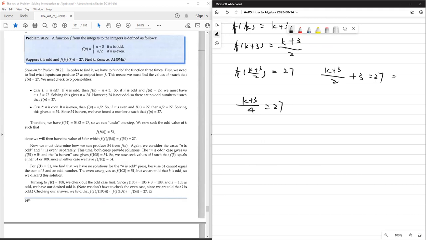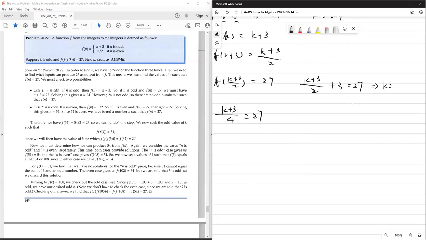Let's solve it. In the first case, we end up with k equals 45, which is an odd number. So k is odd, and (k + 3)/2 is 24, which is even. This number needs to be odd in order for us to apply this rule.